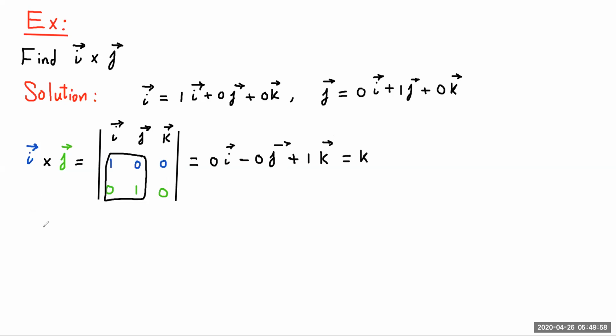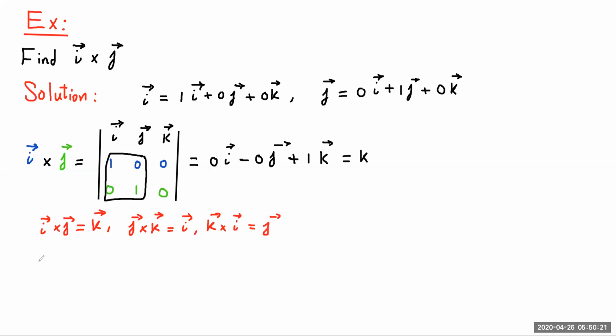So we have i cross j, the answer is k, and we can verify as another exercise that j times k, the answer is i, and k times i, the answer is j.